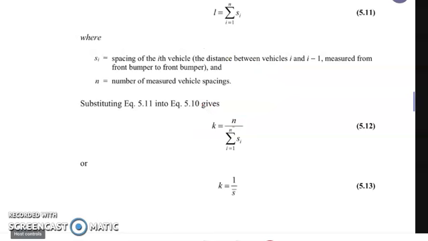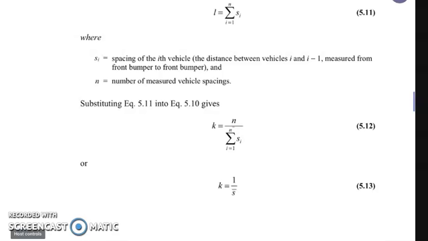We have to take note that time headway and spacing are referred to as microscopic measures because they describe characteristics specific to individual pairs of vehicles within the traffic stream. However, measures that describe the traffic stream, such as flow, average speed, and density, are referred to as macroscopic measures.